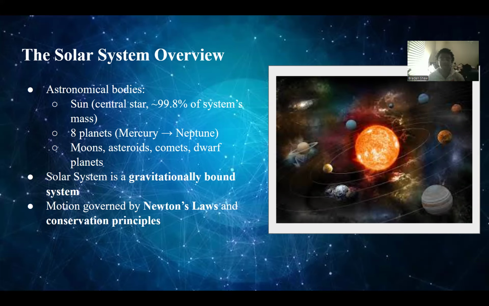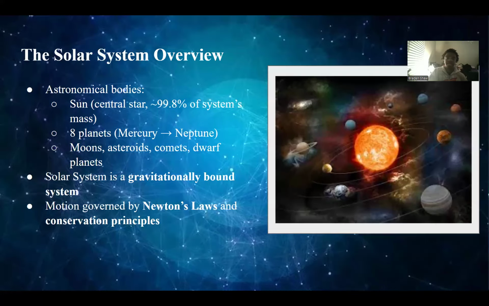In addition, the solar system includes moons, asteroids, comets, and dwarf planets. All these objects are moving according to the gravitational force and Newton's laws of motion. Understanding this structure is important because every object in the solar system has angular momentum, and the interactions between all of them are governed by the principles we'll talk about today. Next slide.